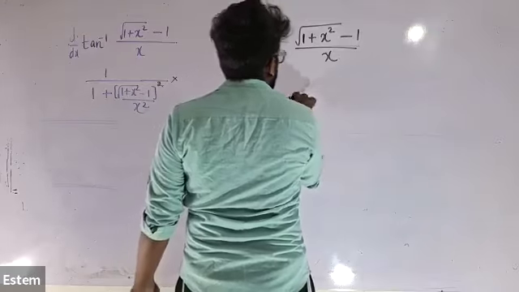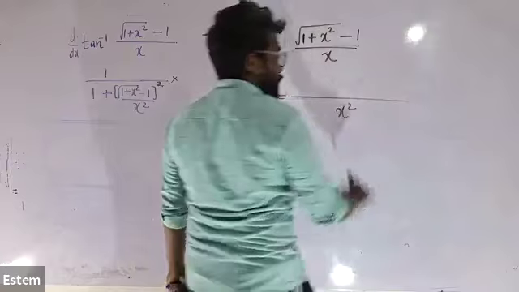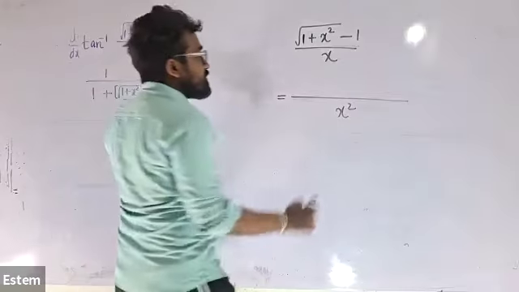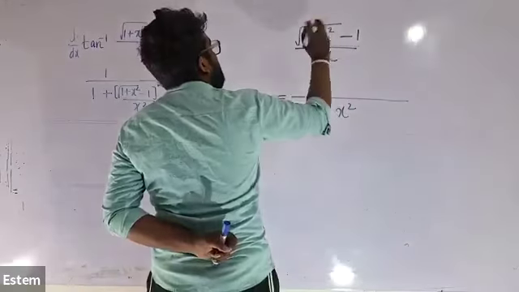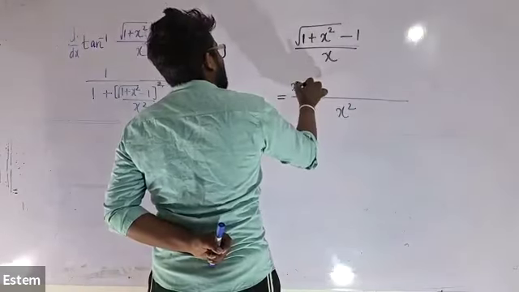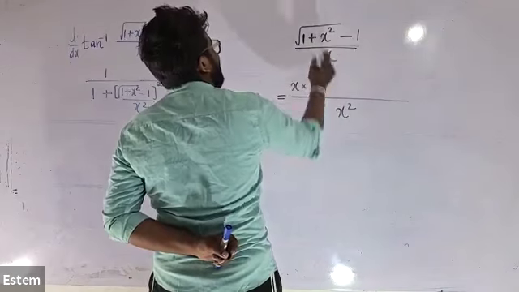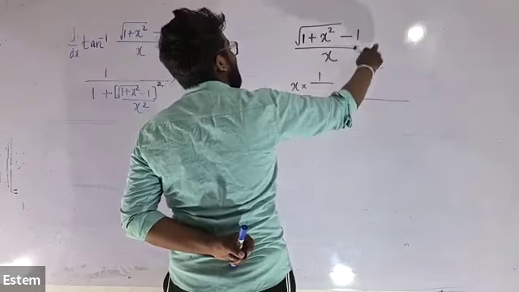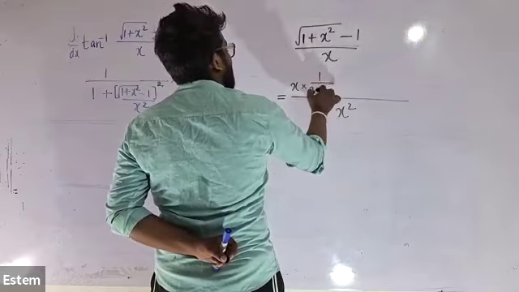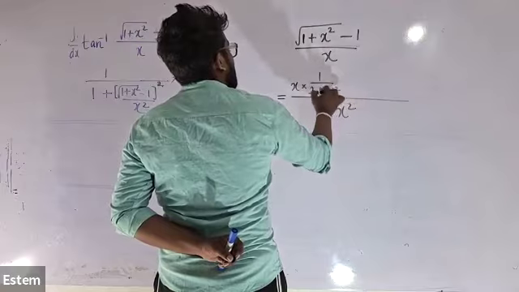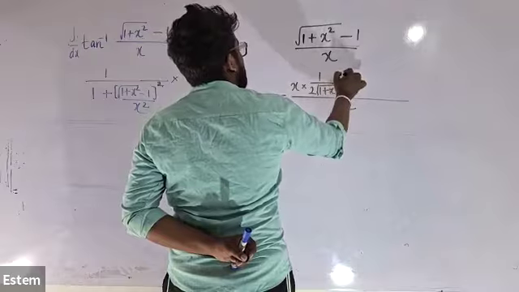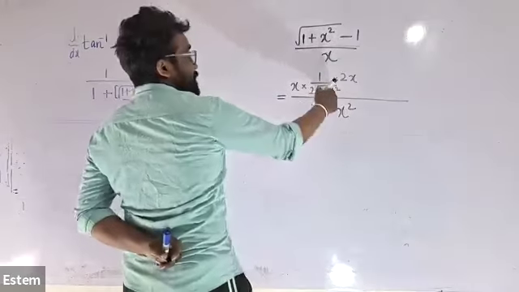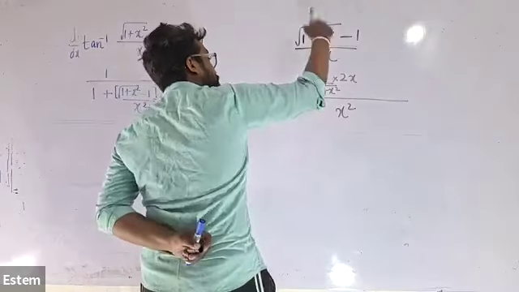So x squared is in the denominator, and just pick this x. We should differentiate this. It is very easy, yeah? Because the differentiation of a constant is 0. 1 over 2 root of 1 plus x squared, and this should be multiplied with 2x, because we should jump into this function also.